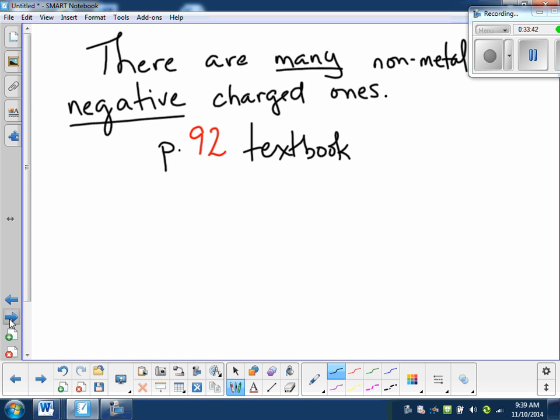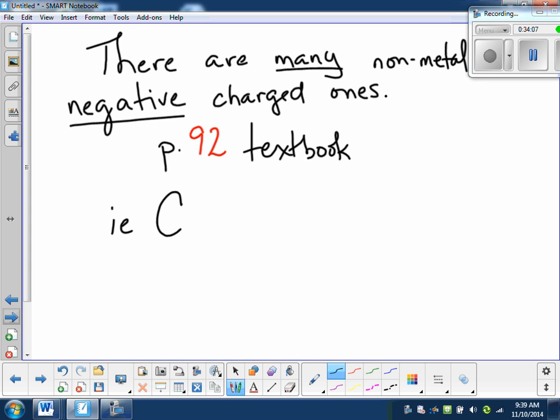Page 92 has that list, the name and the symbol with the charge in it. Okay? So could everybody open your textbook to page 92? Because I'm going to throw a bunch of these together here. Perhaps you could figure out.